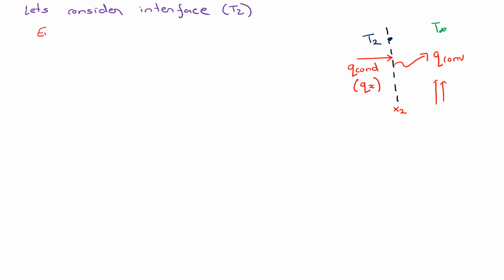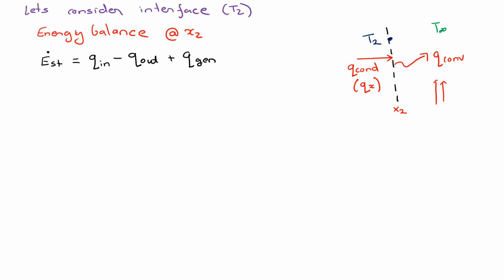So let's look at the energy balance equation at x2, and the energy balance equation will be E stored per unit time equals Q in minus Q out plus Q generated. Now there's no heat being generated in the system, so this term goes to 0.